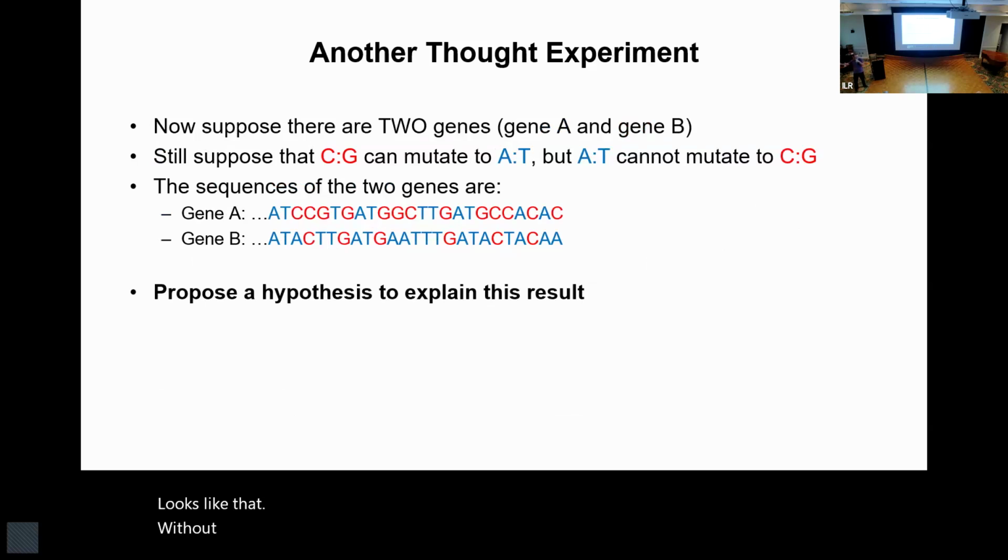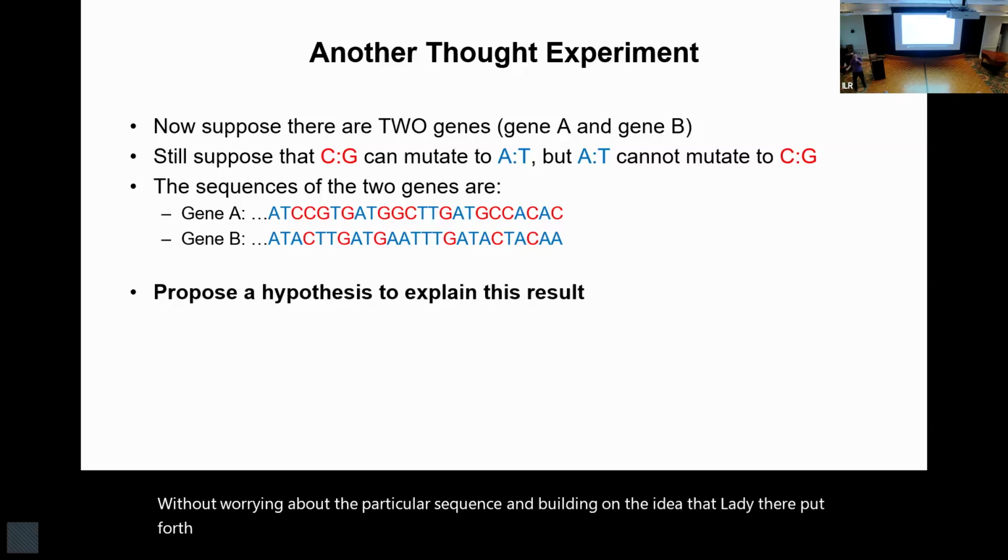Without worrying about the particular sequence, and building on the idea that that lady there put forth, now propose a hypothesis for why these two genes look the way they do.